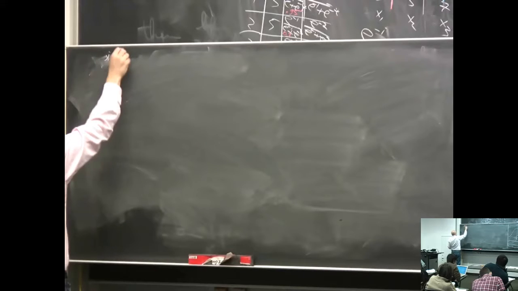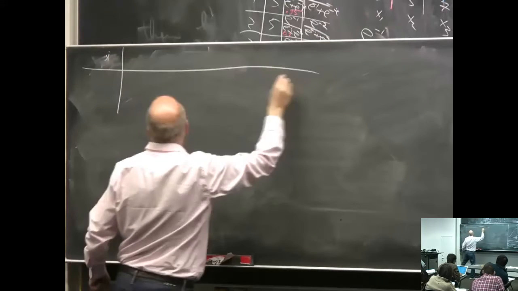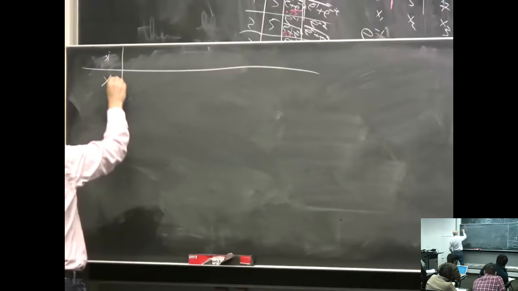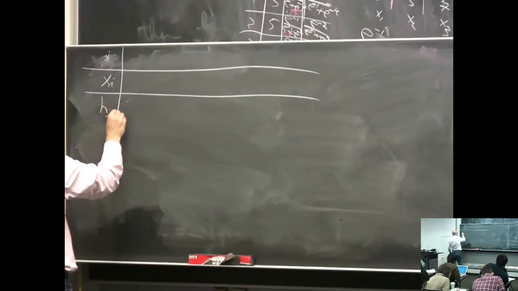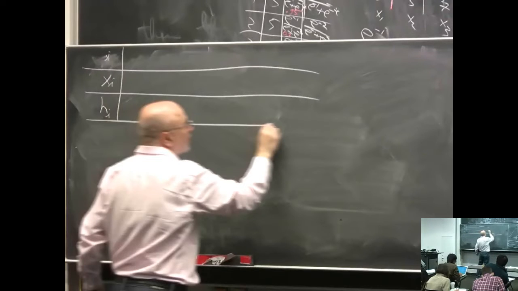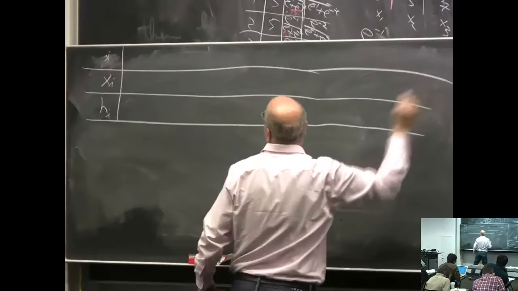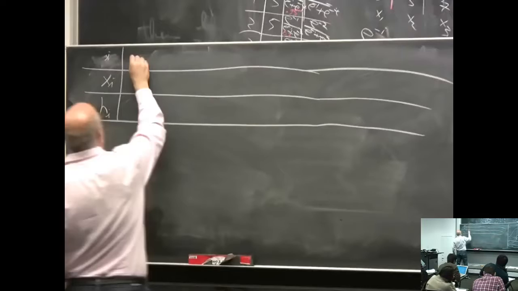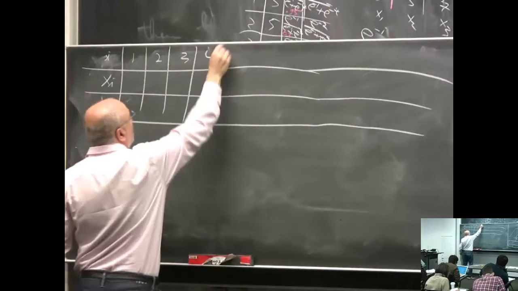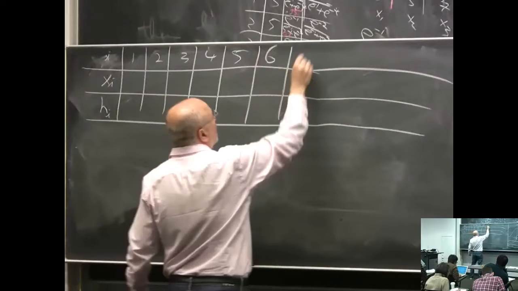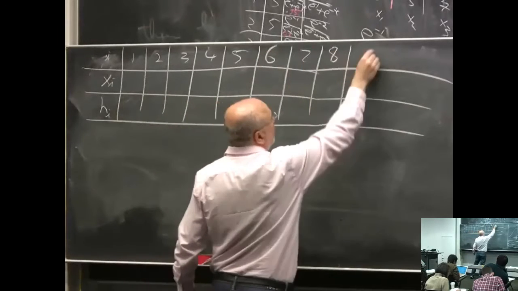xi, and hi. I is 1, 2, 3, 4, 5, 6, 7, 8, 9.